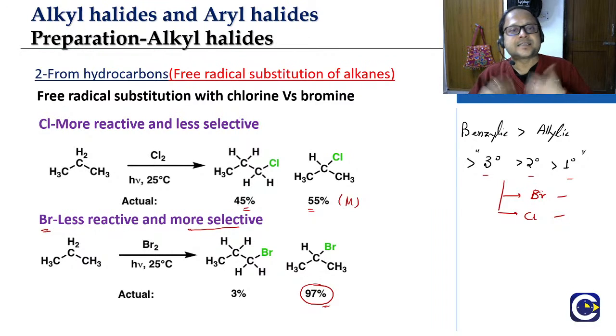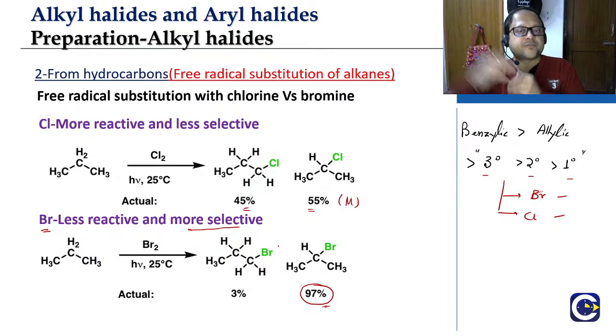So in its zeal, in its enthusiasm, it ends up having a lot of primary also, because it encounters a lot of them. Bromine has got a limited amount of energy, so it utilizes it well and only goes for the preferred product. So despite getting secondary substitution as major in this particular example, in case of bromine the difference is huge, while in case of chlorine the difference is not that large.